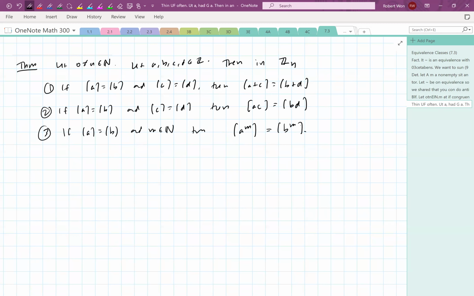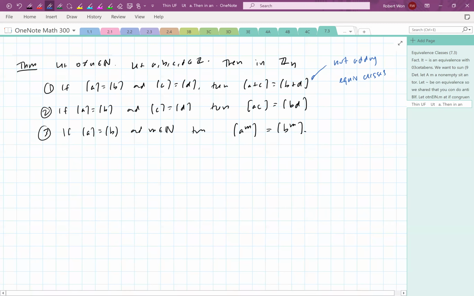So this is not new information. And in fact, there's not even any new operations here. All I've done is rephrase, instead of saying these things are congruent modulo n, all I'm saying is they have the same congruence class. That's the same thing though. But notice here that I'm not actually adding equivalence classes in this theorem.